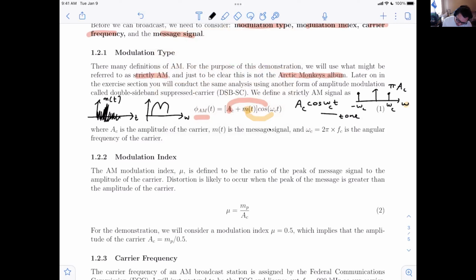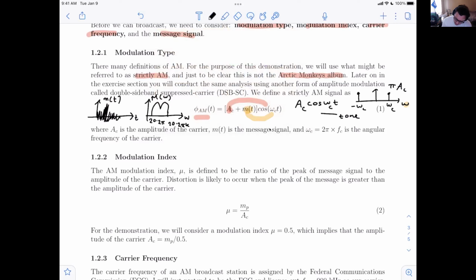So let's say it looks like an M. This is capital M of omega, and it's within this range 20 to 20 kilohertz, or, I guess, 20 times 2 pi to 20 times 2 pi kilohertz, right? So it's in that range.